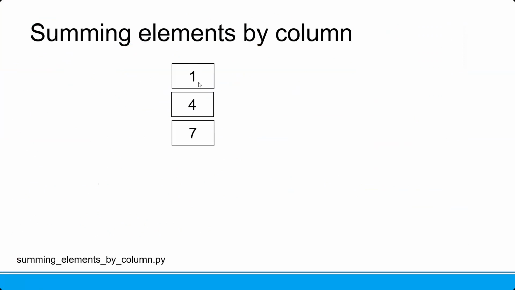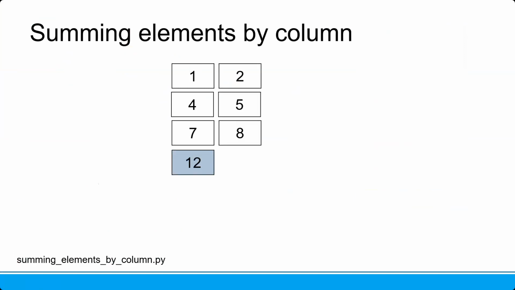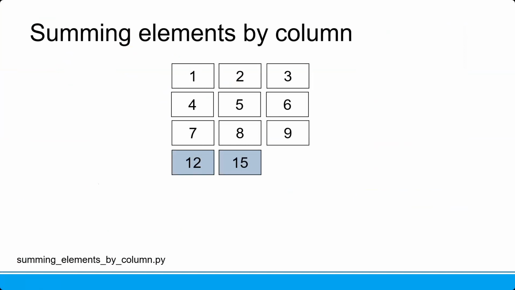The column is 1, 4, and 7. The summation is what? Let's do from the next column, 2, 5, and 8. So the result is 15. The next column is 3, 6, and 9. So the summation is 80.